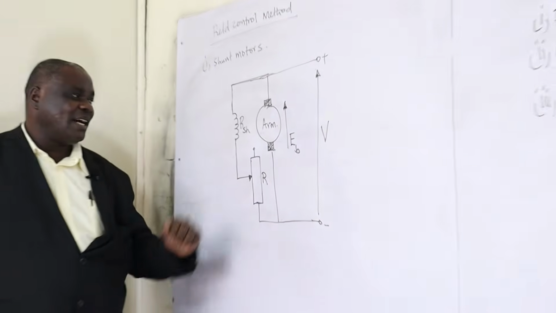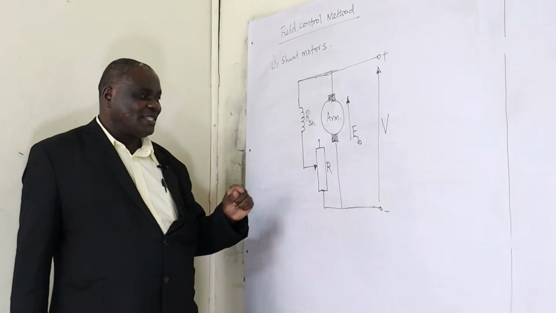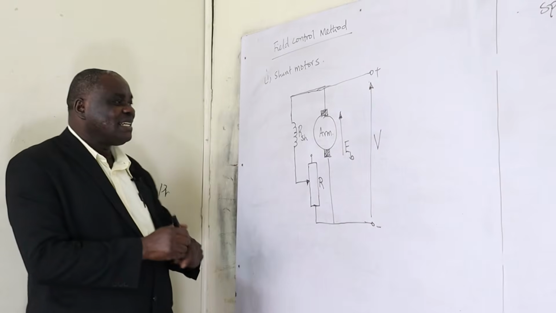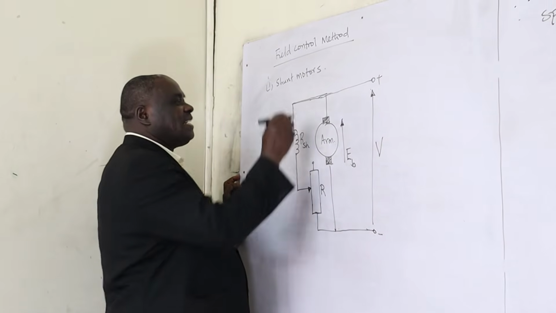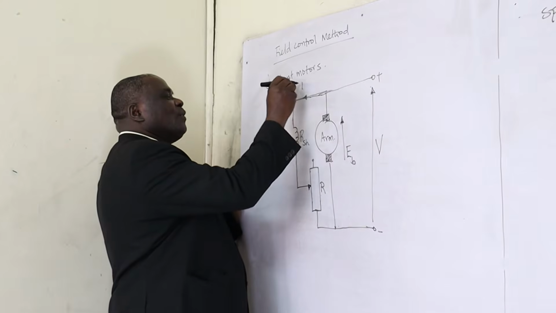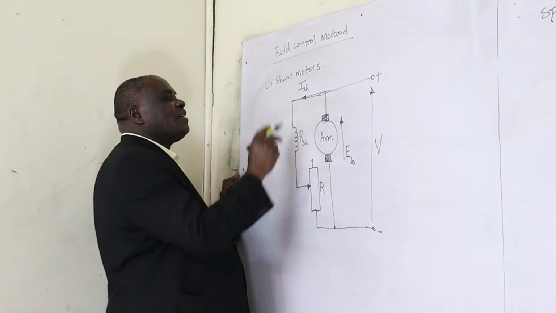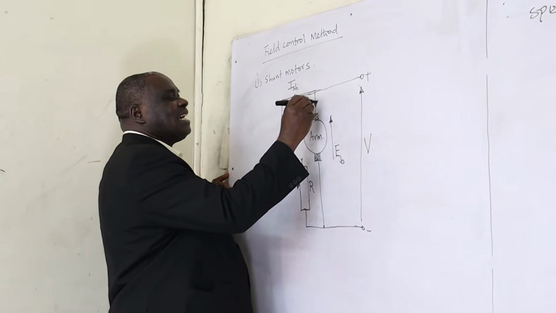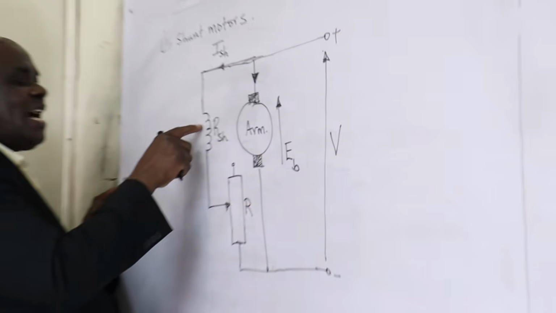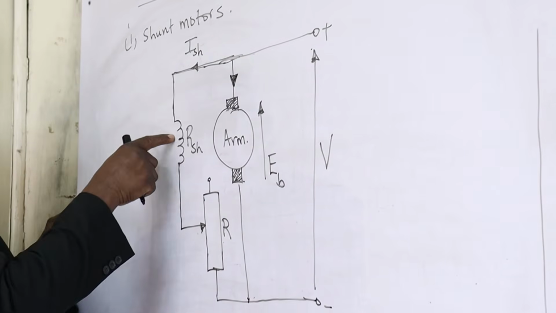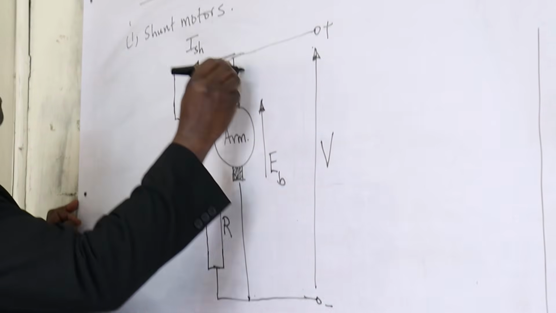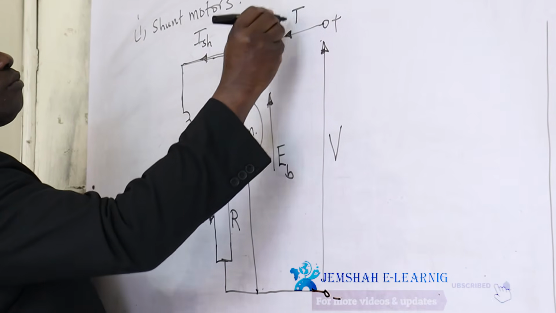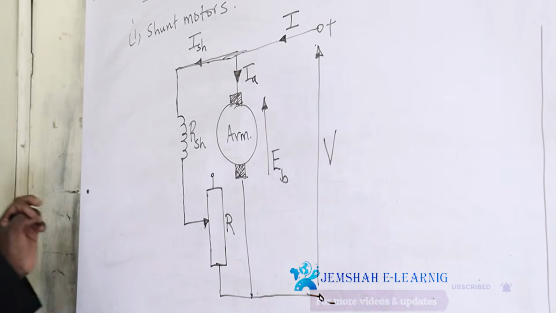So R that we have here is the rheostat that is inserted in this particular field circuit so as to control the current flowing through the field circuit, which we will call I shunt. Now, when we control I shunt, we will be controlling the flux produced by the field coil.